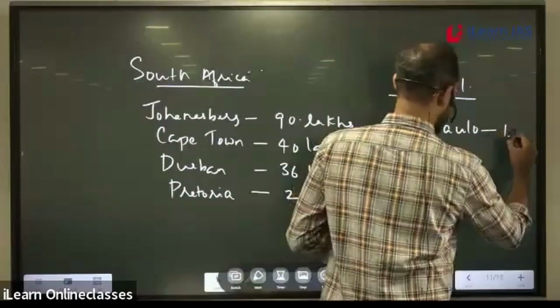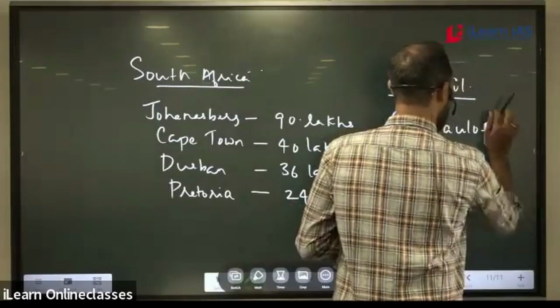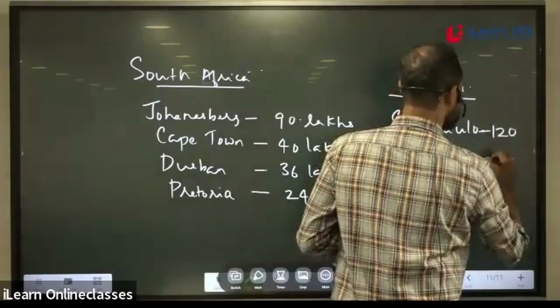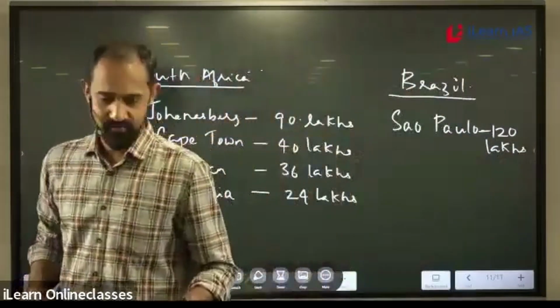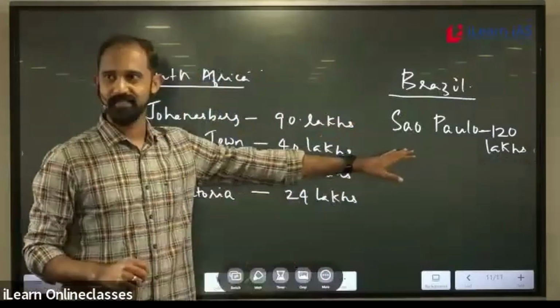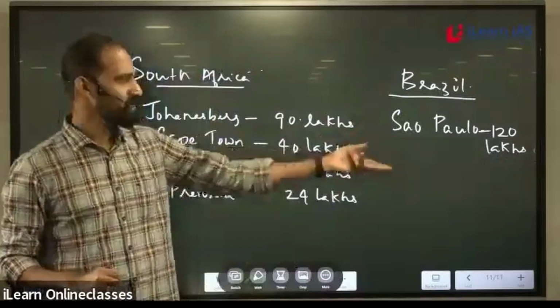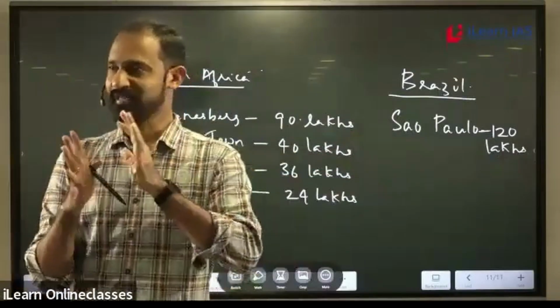It has a population of 120 lakhs, so this is the largest. This is the largest city in the Southern Hemisphere, Sao Paulo, proper Southern Hemisphere. Some cities are close to the equator, and we are not including them.